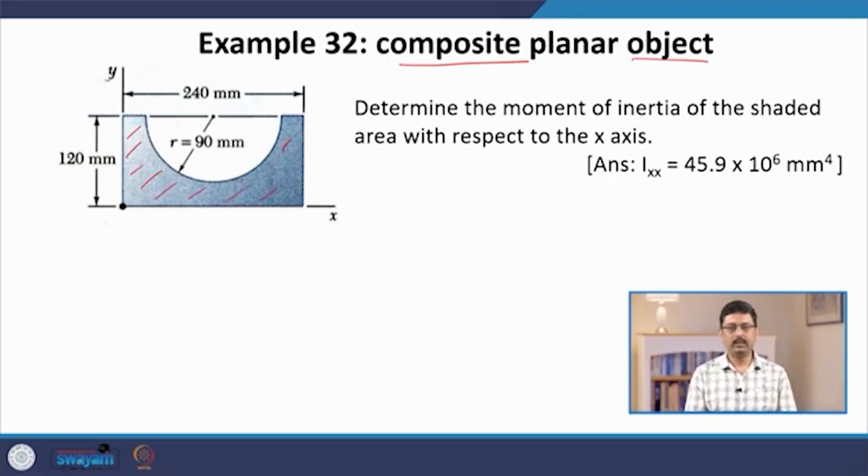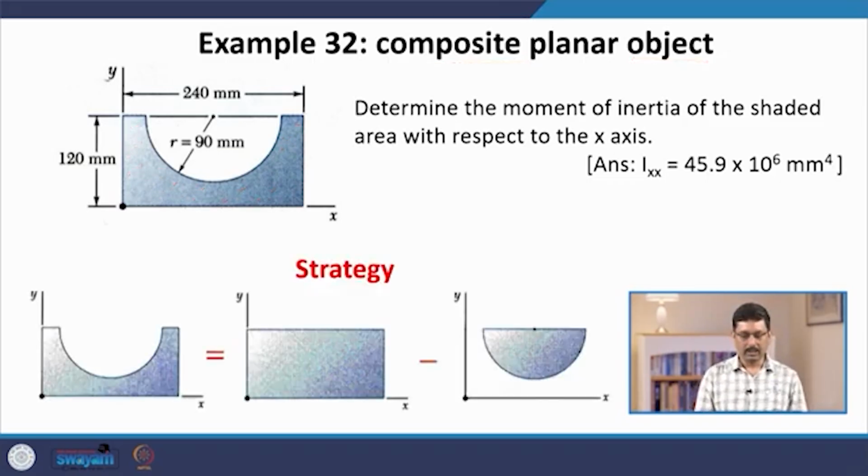The blue shaded region you cannot describe as a simple shape, but you can think of it as the rectangular plate, which is a simple shape for which the moment of inertia is easy to calculate, minus the hemisphere.